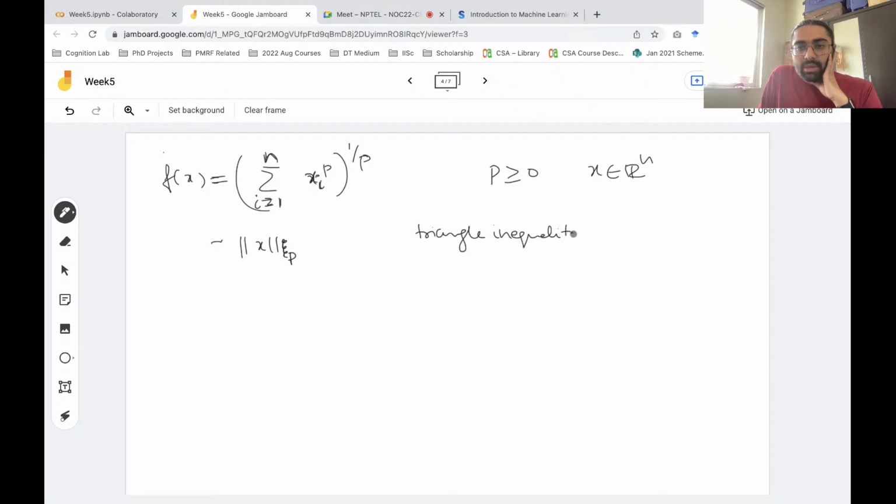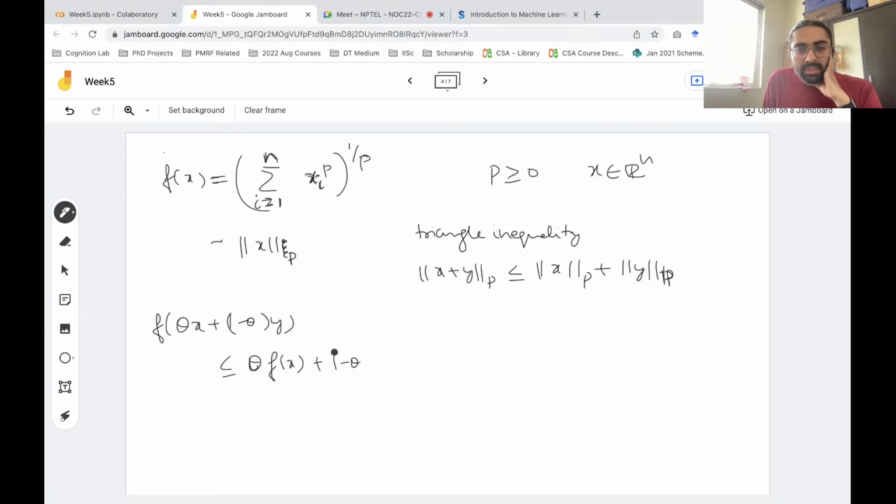So the triangle inequality in norms basically says that the norm of x plus y is less than or equal to the norm of x plus the norm of y. So the approach is to write f of theta x plus 1 minus theta y, and if it is less than or equal to theta times f of x plus 1 minus theta times f of y, and this holds true for all x, y in the domain of f, and for all theta belonging to 0 to 1, then we can say the function f is convex.